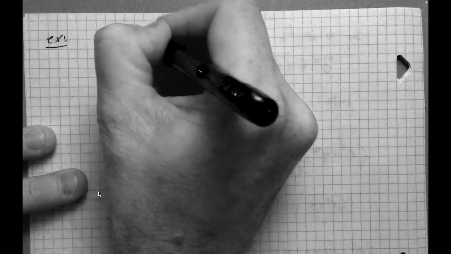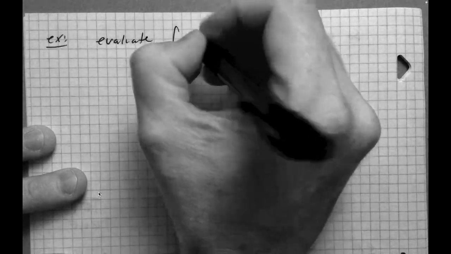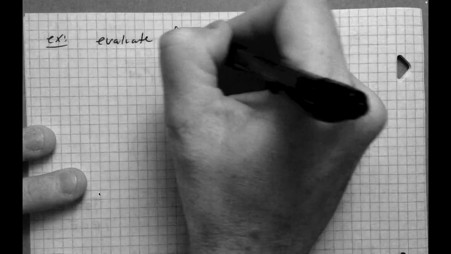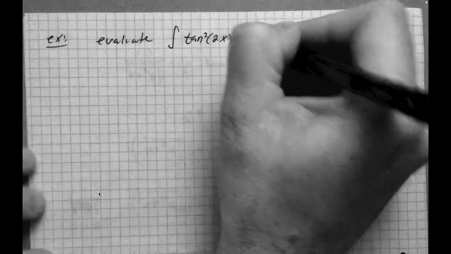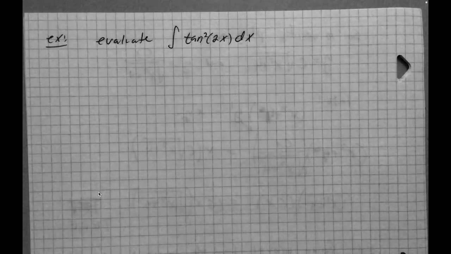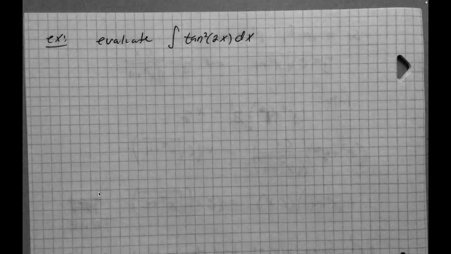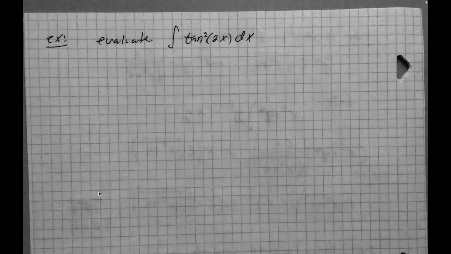So let's evaluate the integral of tangent squared 2x dx. You see that tangent squared, and you may think, wasn't there a Pythagorean identity that made use of tangent and secant?